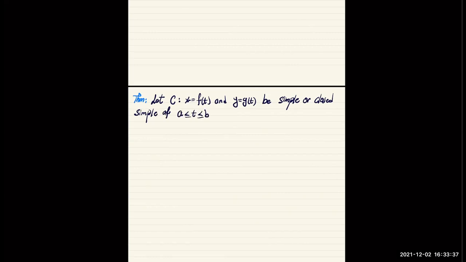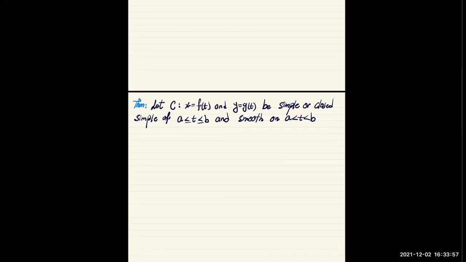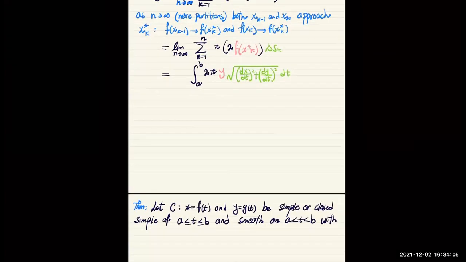Okay, and also we want C to be smooth on the open interval AB between A and B. Okay, with an extra requirement, we are talking about area here, guys, area. And for area, area is a non-negative quantity. It's a positive quantity.